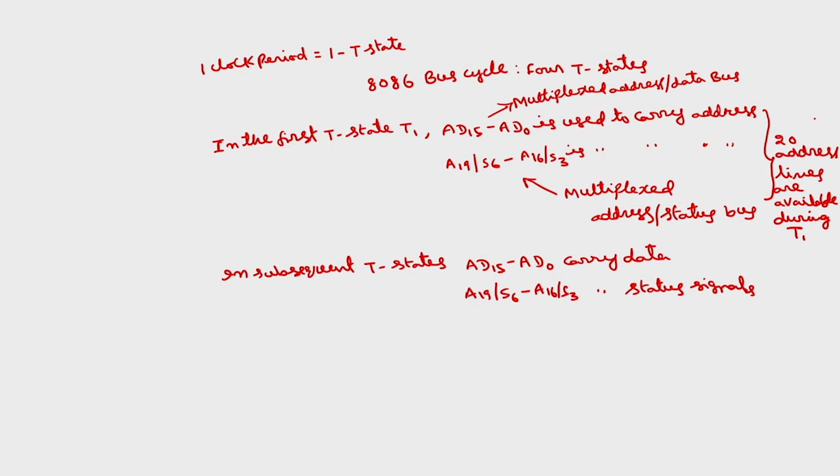So how will this be latched? For that we are going to use another signal called address latch enable, called ALE. ALE is required to demultiplex the address data bus as well as the address status bus.